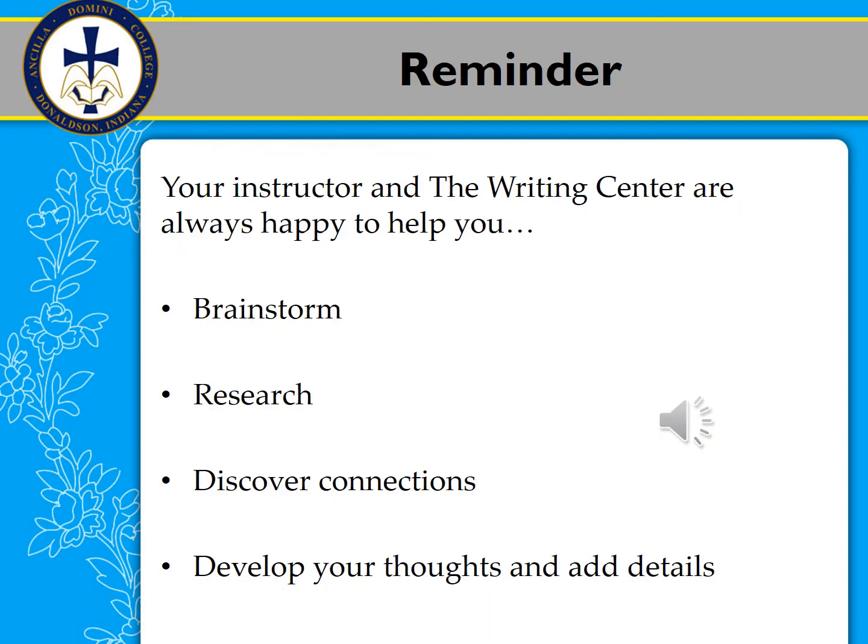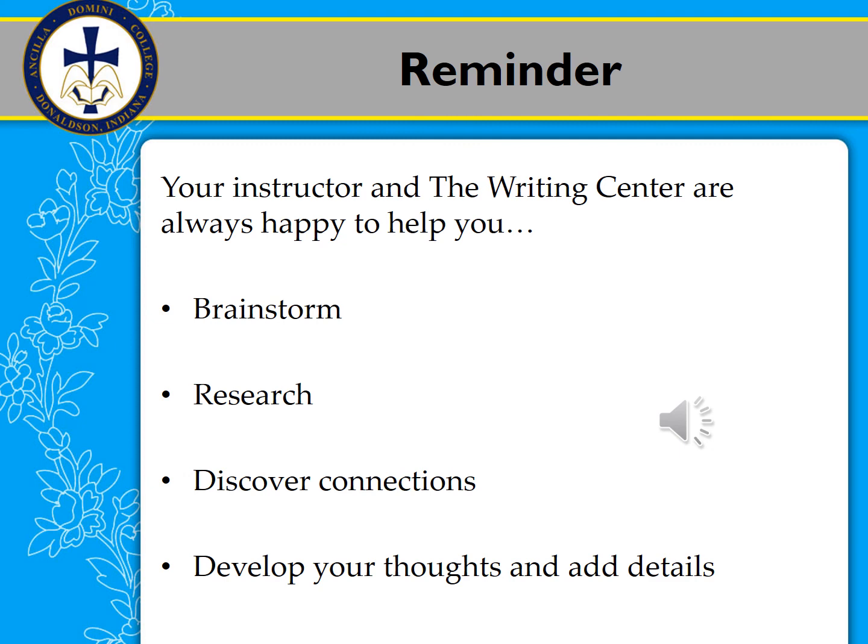Now we've looked at a couple of examples after we've talked about how to do some local research and how to use scholarly research to apply toward local issues. Of course, before that, we talked about even preliminary research and a good plan for putting together research papers. Your instructor and the Writing Center are always happy to help you every step along the way.